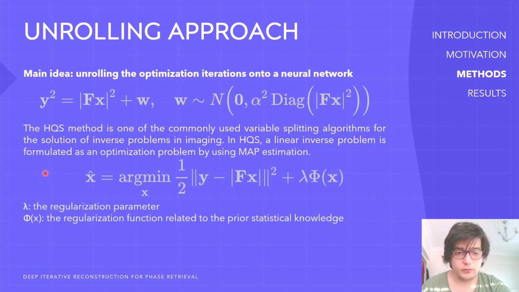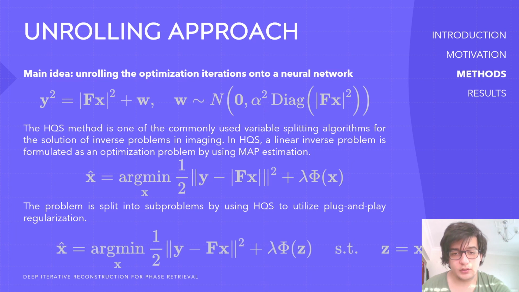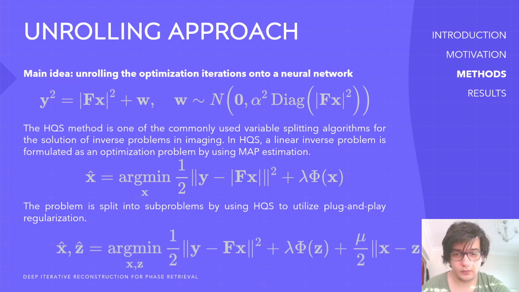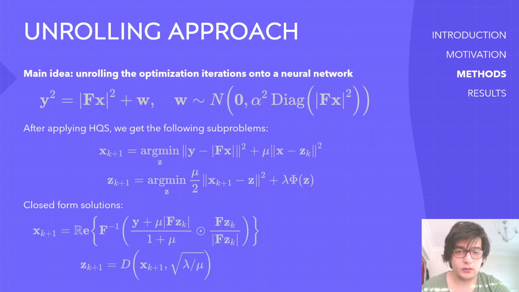So to model the optimization algorithm, we will use MAP estimation. And using HQS, we will end up with the following sub-problems. And these sub-problems have the following closed form solutions.